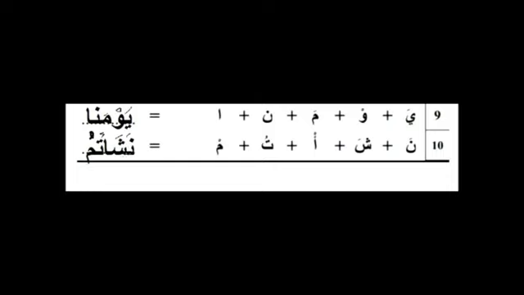The noon connects to the sheen because the noon is a connector. The sheen connects to the hamza because the sheen is a connector. Hamza is not connecting to the ta with the dhamma. Tum. Nasha'tum.